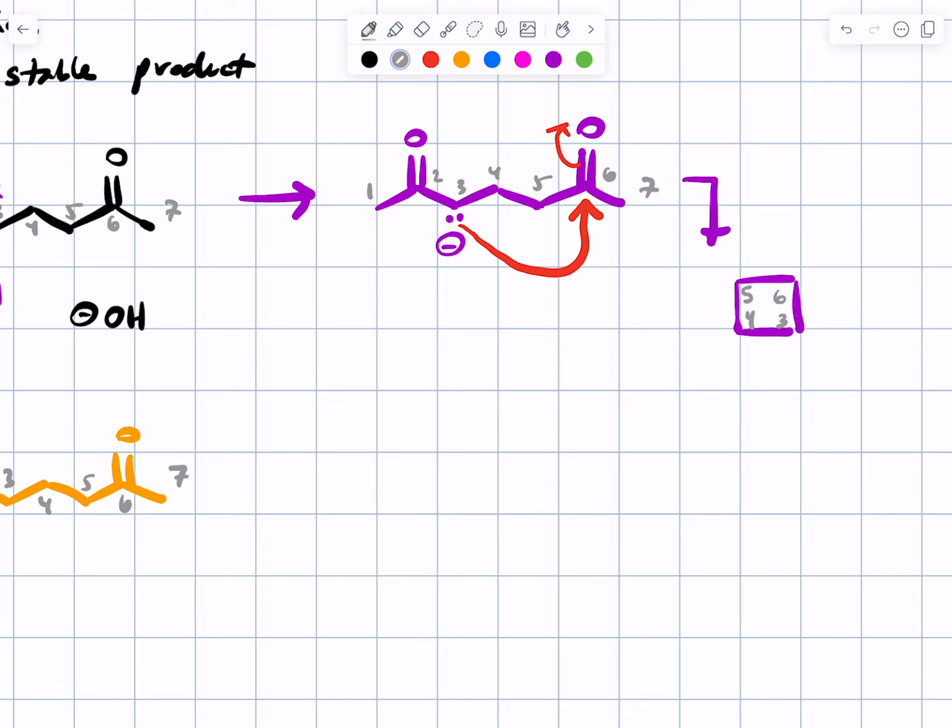Then we look at what 6 was attached to. 6 used to be the carbonyl carbon of the electrophile. It's going to be the tetrahedral intermediate carbon with a negatively charged oxygen, and then here's carbon 7. What did carbon 3 used to have? Well, it used to be bonded to carbon 4, and it is, but it also needs to be bonded to carbon 2, and 1.